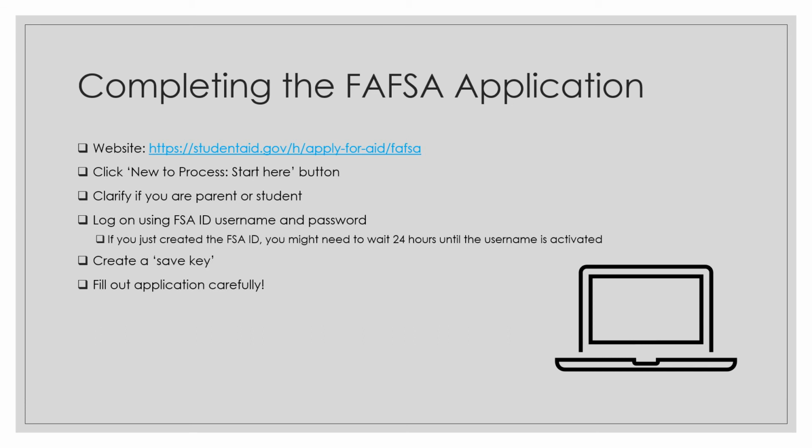If you do have a question, if you don't understand what a question is asking, what information it's wanting from you, there are these little question marks next to the question that you can click. It'll open up a new tab, and it will walk you through what it's asking you, where to find that information on the documents that you have.